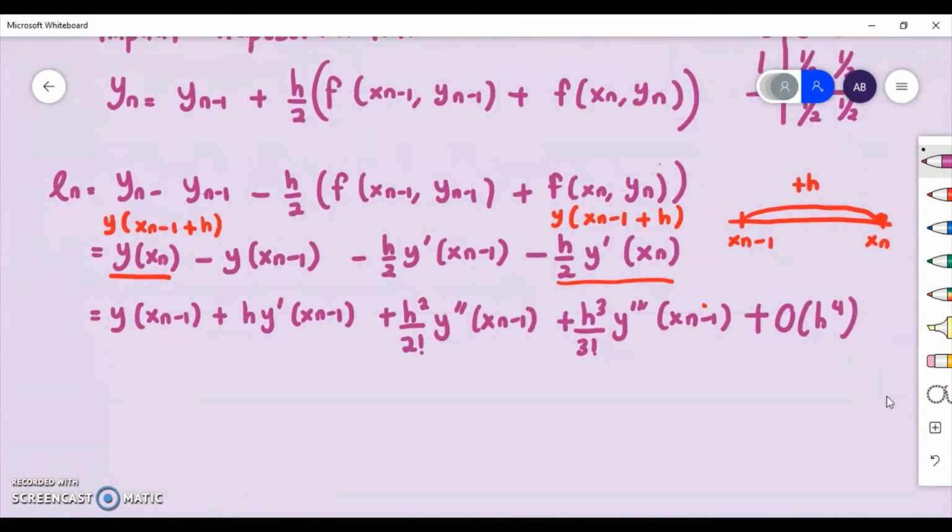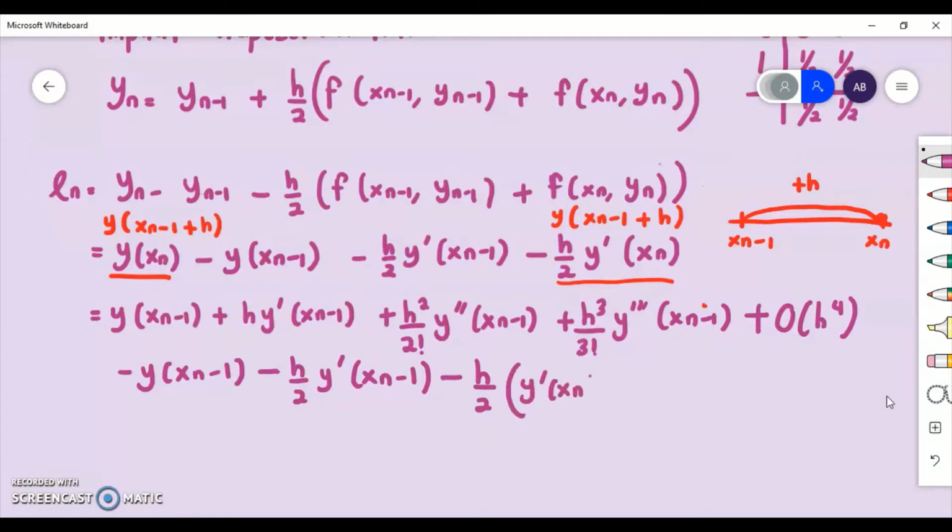And then I'm going to write it down here, minus this term here, y at xn minus 1, minus this term here, y prime at xn minus 1. And then I'm going to expand this term, h over 2 y prime at xn.